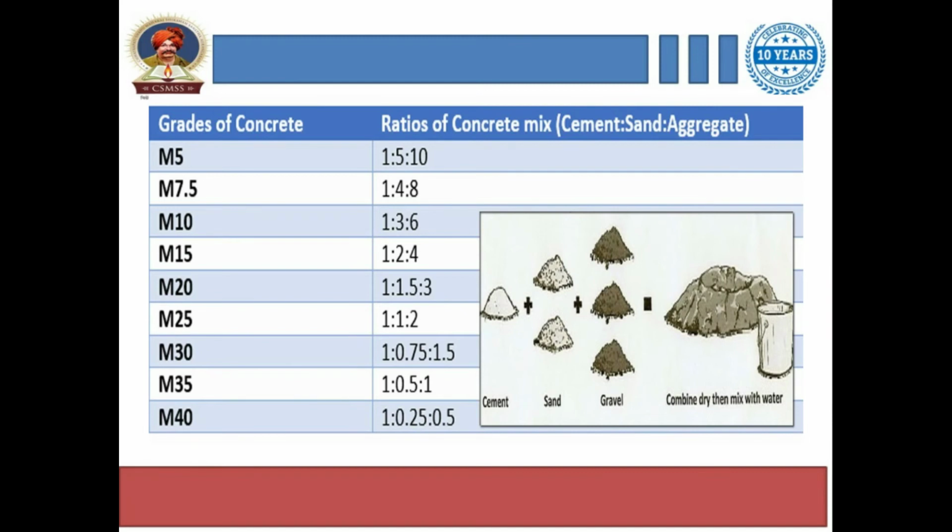Likewise, if we see the M15 grade proportion, it is 1:2:4. It means one volume of cement, one volume of fine sand, it means fine aggregate, and four volumes of coarse aggregates. Then we have to add water in that proportion, right?